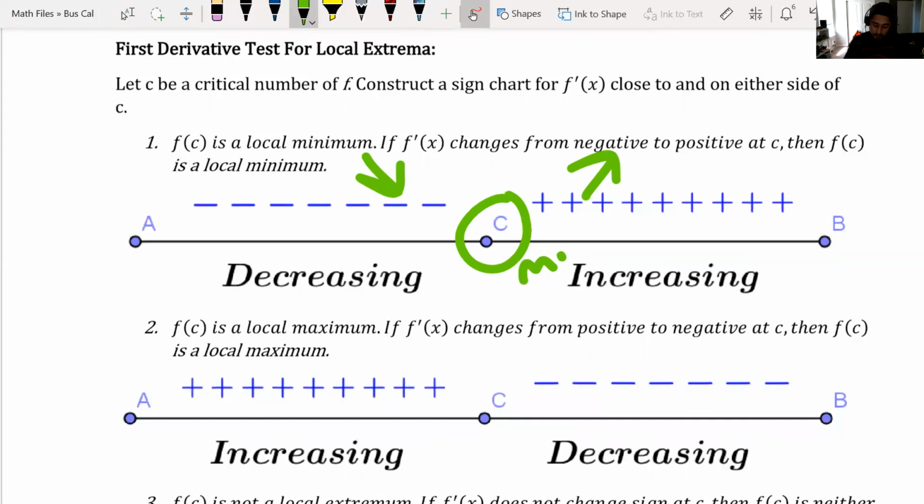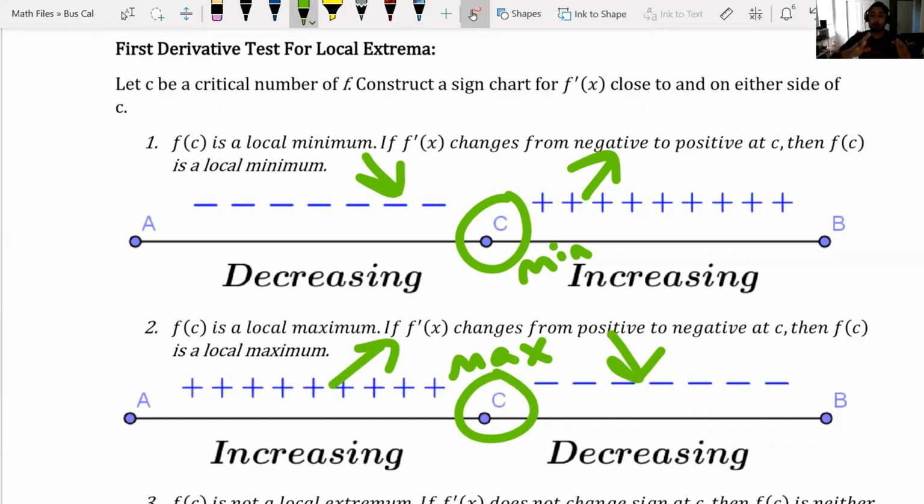That would be a min. Down below, if you go from increase to decrease, then c would be considered a local max. You see how the graph changes directions. Decrease, increase, c would be a local min and a turning point. Or increase to decrease, c would be a max and a local turning point.